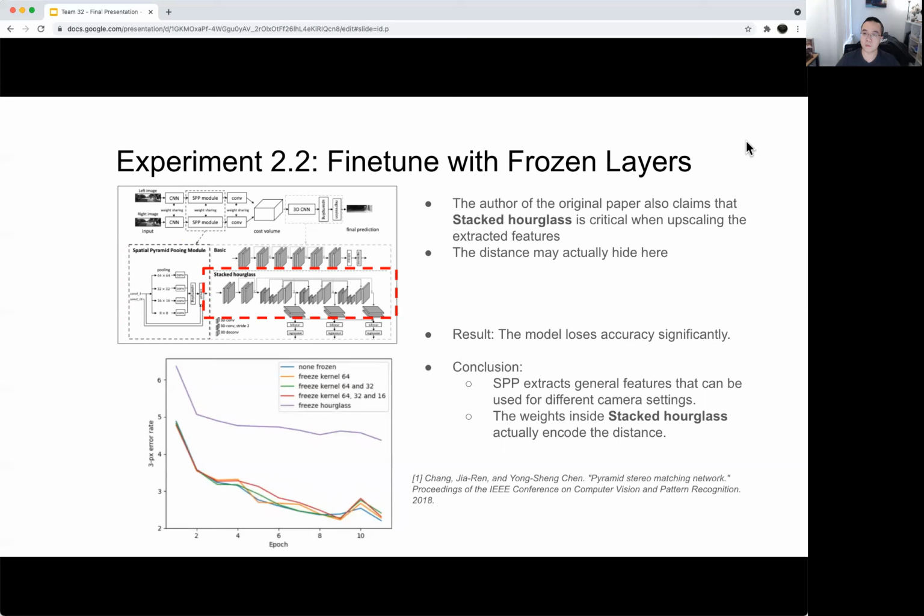After freezing the hourglass module, we find that the model loses accuracy significantly. Thus, we conclude that the SPP is general enough and do not have to be retrained, but the hourglass model might be the one that actually encoding the distance.